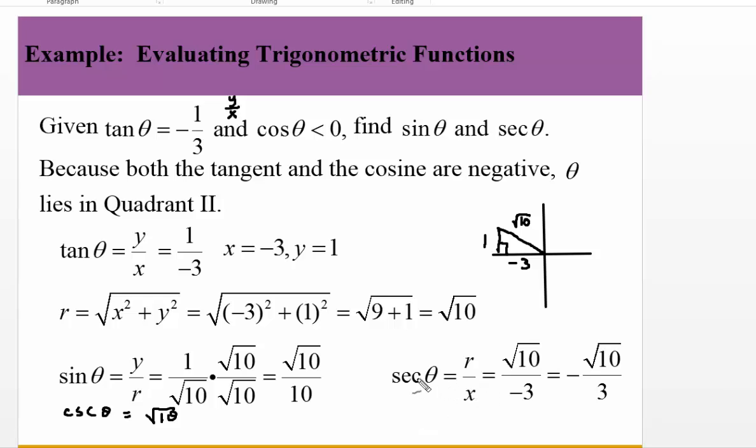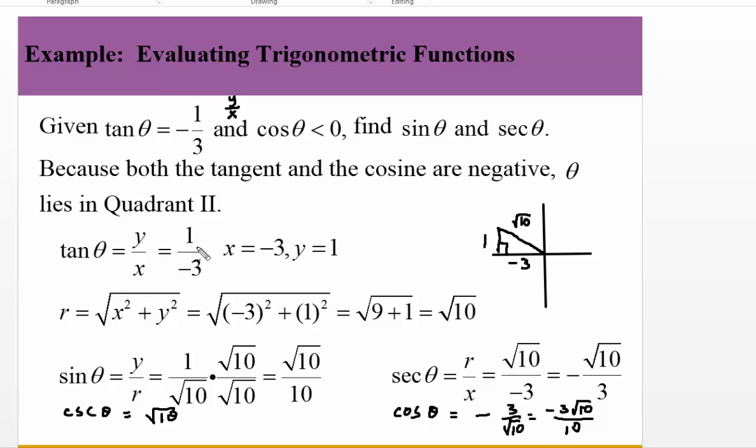And on this one that says the secant of theta would be r over x, which would be the square root of 10 over -3. And you can write it with the negative in the bottom, out front, on the top here. It doesn't matter as long as you only use one negative. Now the cosine here, if we want to go ahead and flip that, would be -3 over the square root of 10, which we could rationalize into -3 times the square root of 10 over 10.